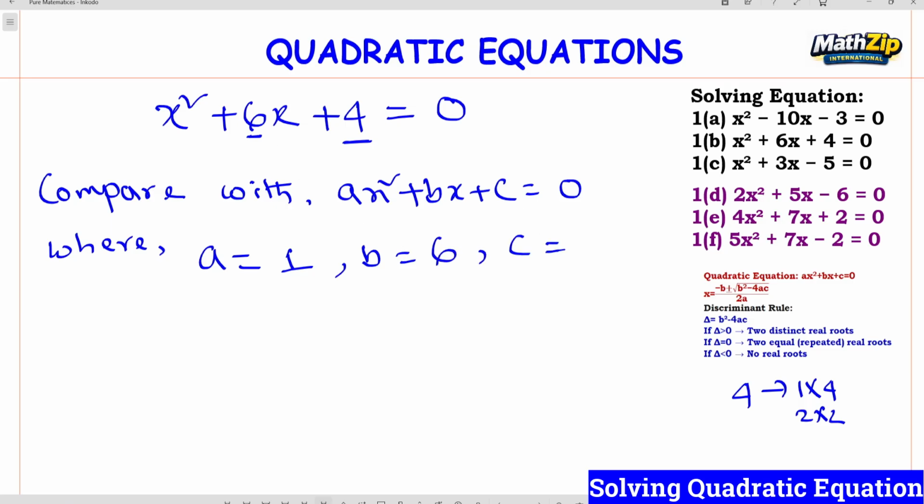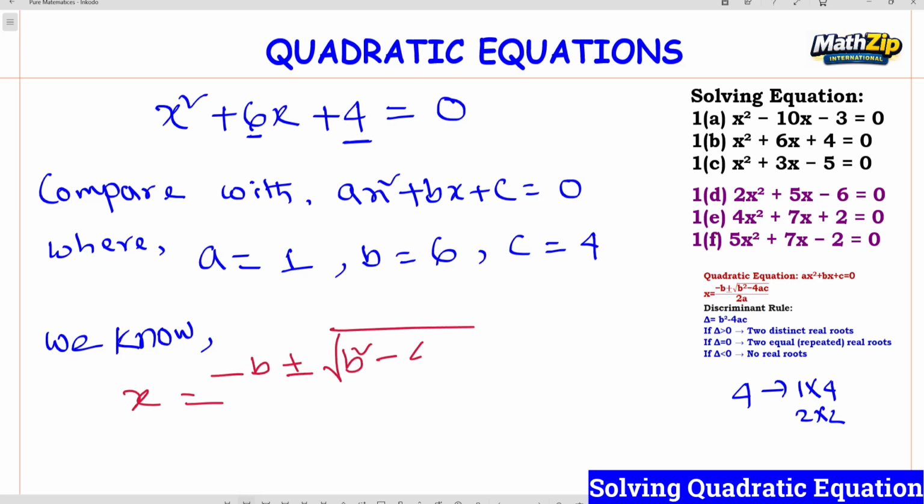And c is the constant, which is 4. We know the general formula x equals minus b plus minus root over b square minus 4ac divided by 2a.